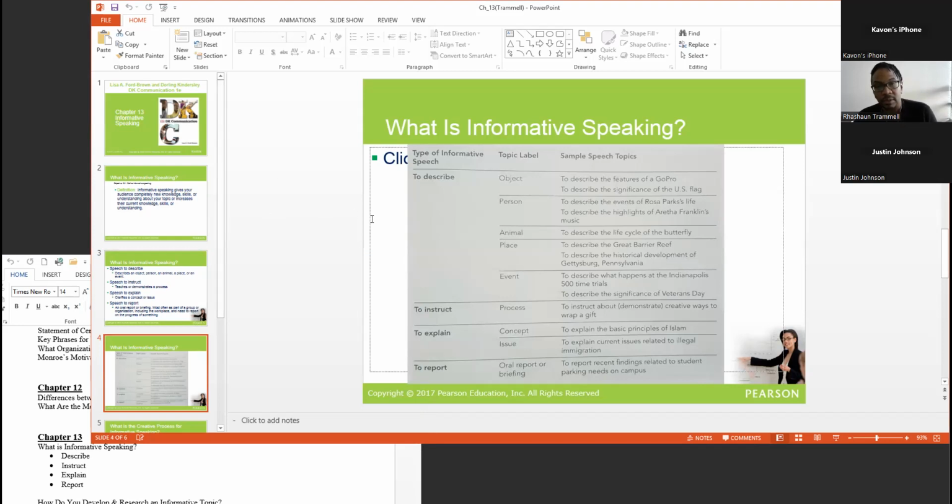Okay, so let's see. They're talking about places or maybe key features of, I don't know, the UAPB bell tower. Also describing events like homecoming, all the key features of it.